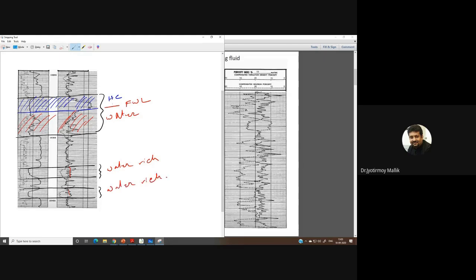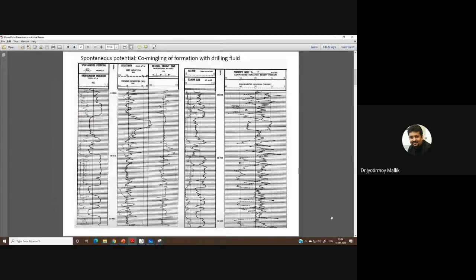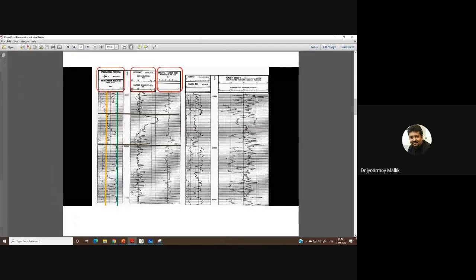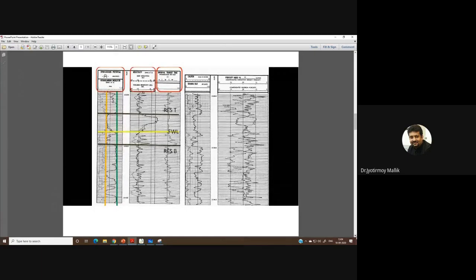But here at the top part of the sandstone, I have hydrocarbon. So as you can see, this is my sandstone interval. This is my free water level.